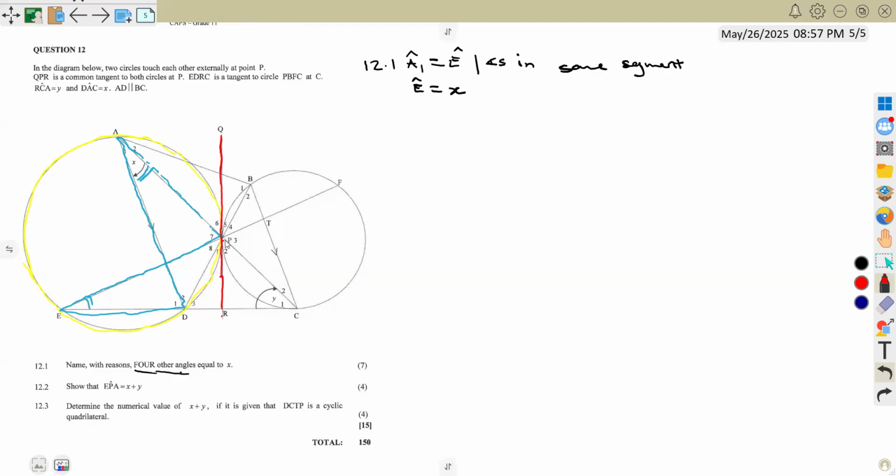So there is a tangent and we have an angle between a tangent and a chord.